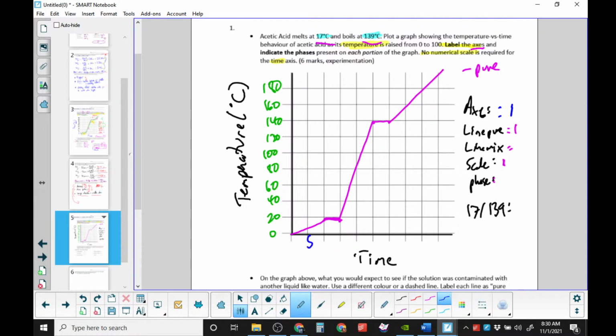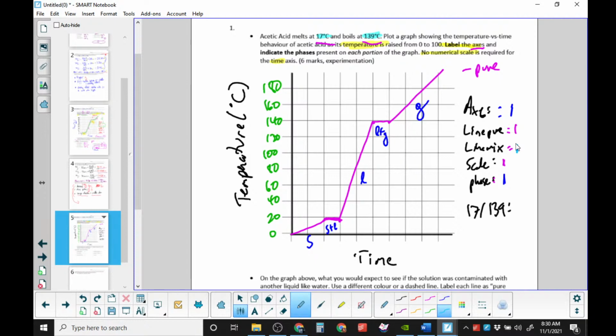So this is solid, solid plus liquid, liquid, liquid plus gas, and gas. And so until all the liquid's gone, the temperature will not rise. So labeling those phases properly is a mark, and then having that with a plateau is a mark.